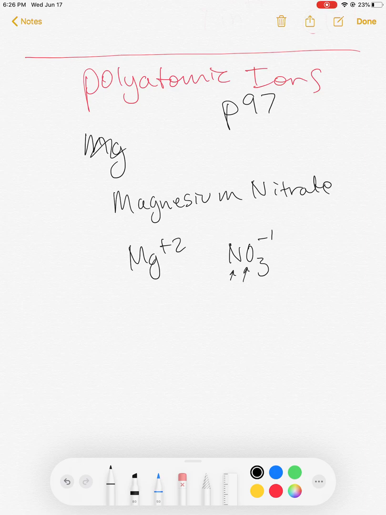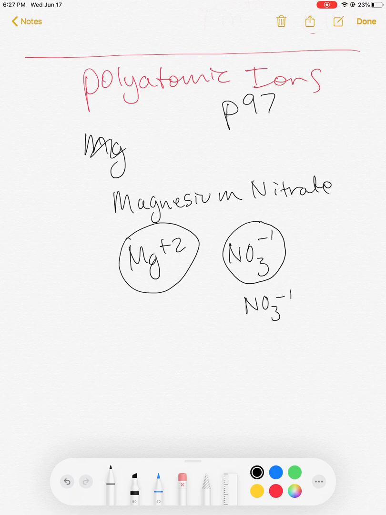Now that nitrogen is bonded with 3 oxygens. You don't need to worry about that till the next chapter. They're covalently bonded. All you need to know is that all together, this group of atoms has a -1 charge. This magnesium has a +2.